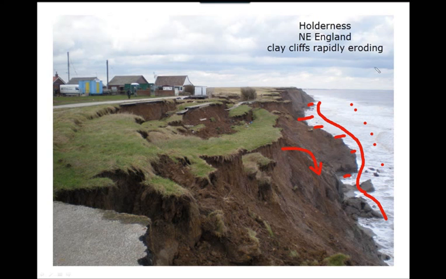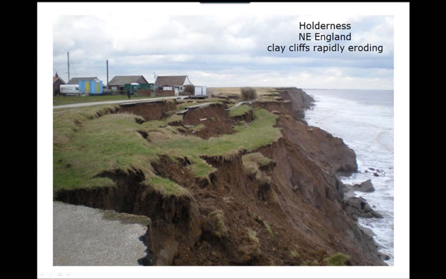Clay cliffs are already rapidly eroding, but with sea level rise, waves are going to more frequently attack the cliff foot, causing slumping and cliff retreat. So that's another potential direct impact on landforms that exist already around the coast.